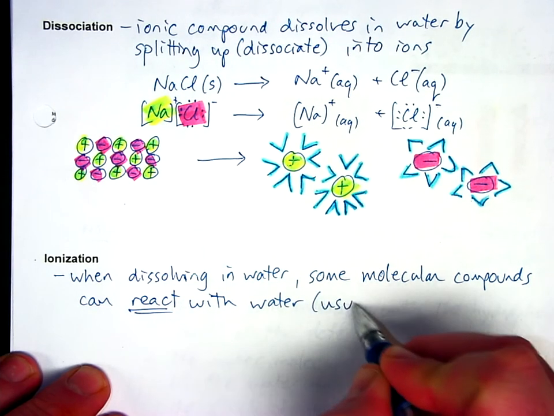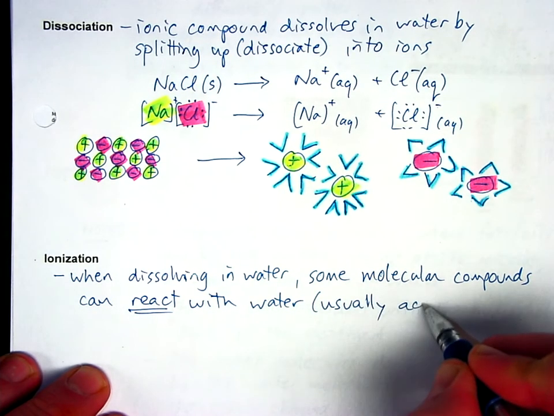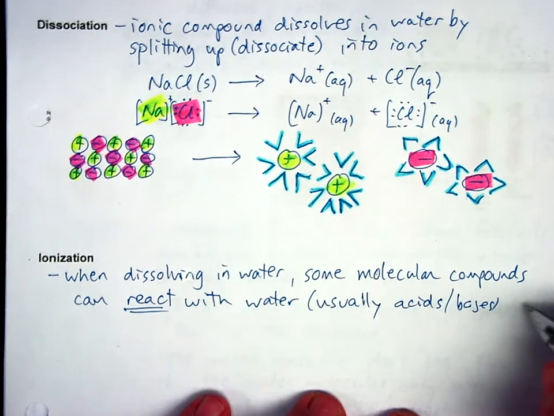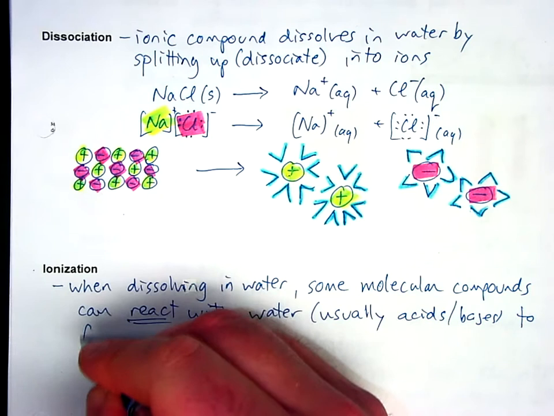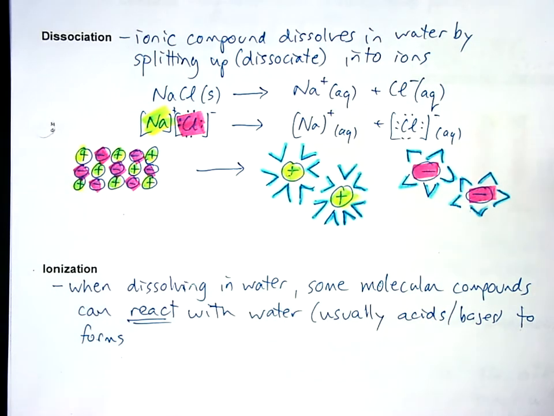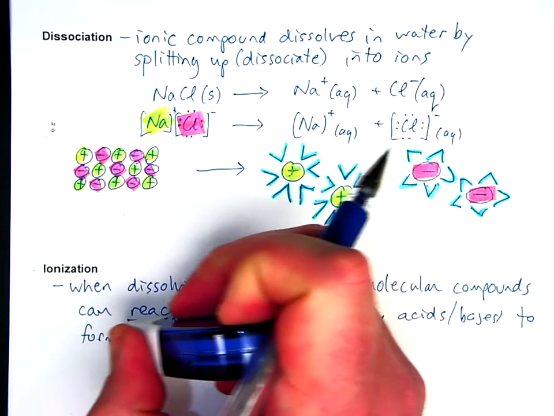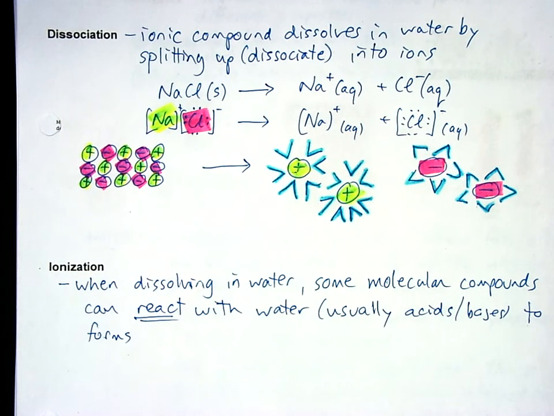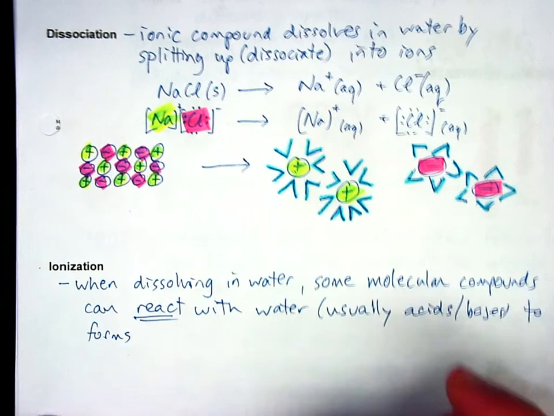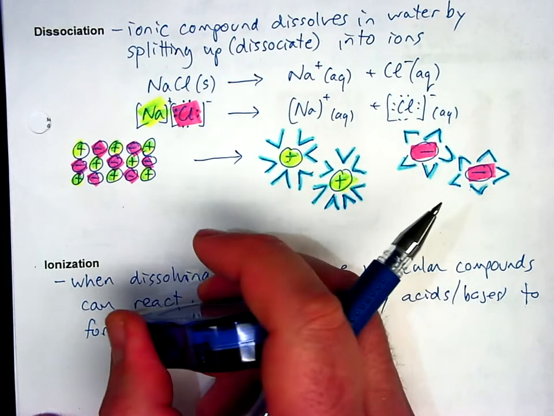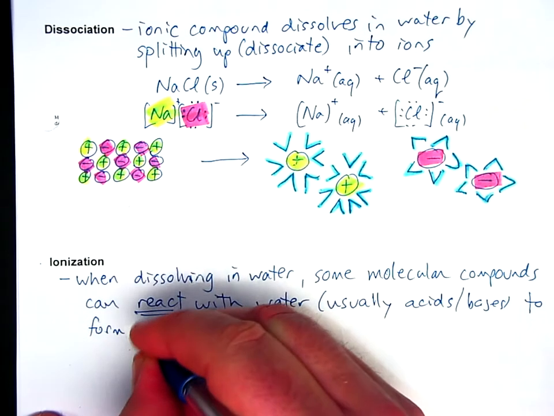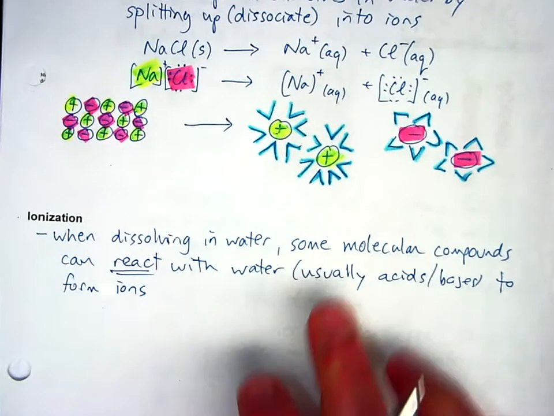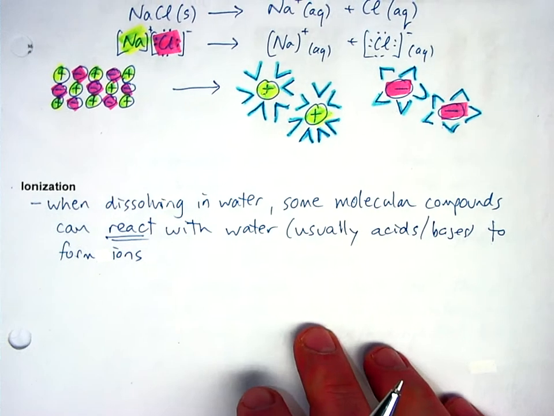These are usually acids and bases, to form ions. So it's the process of forming ions. They aren't ions to start with. By the time they've interacted with water, they produce ions.